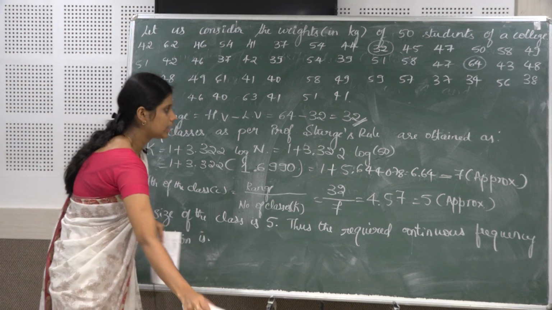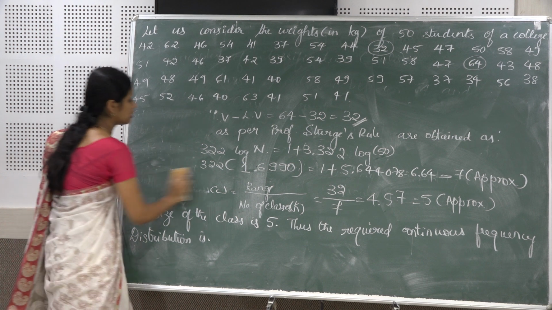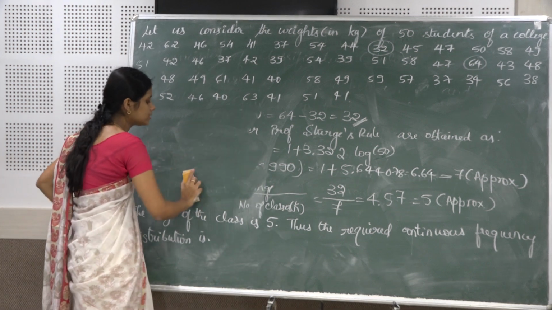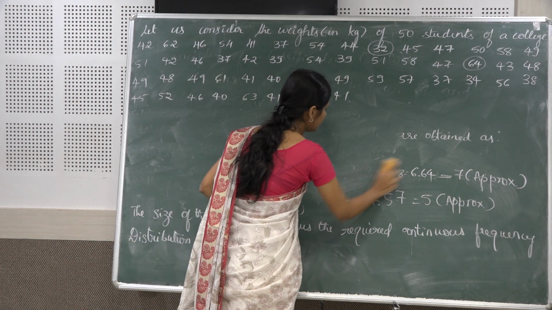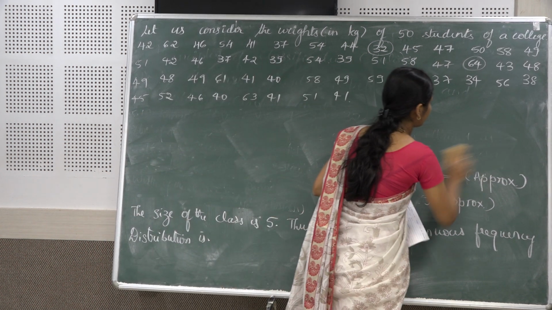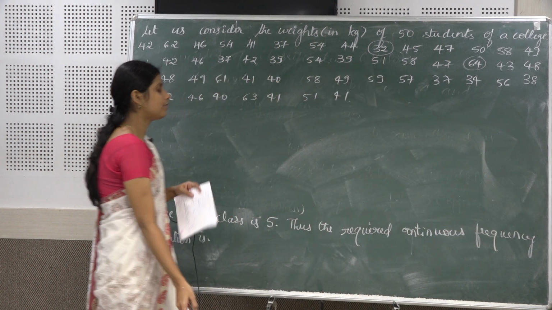Now we will frame the continuous frequency distribution. While framing it, the first and foremost step is to write the title of the table. Here the question asks to frame a continuous frequency distribution on the weight of 50 students.